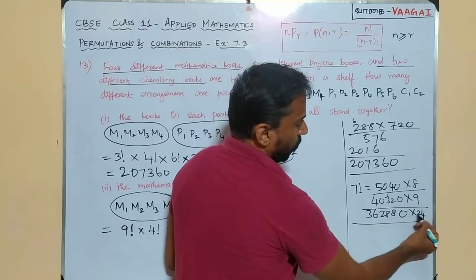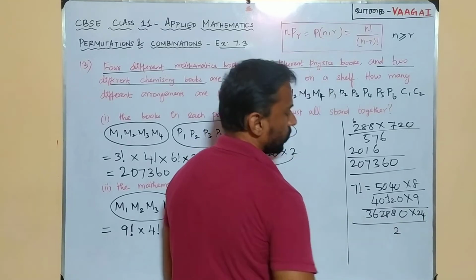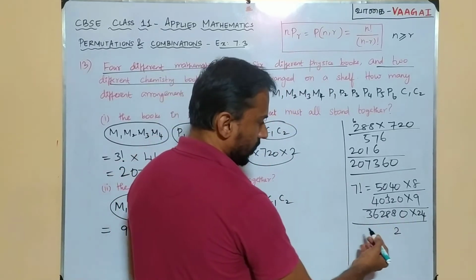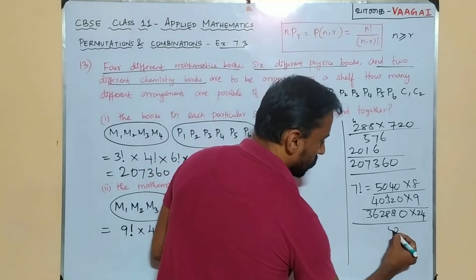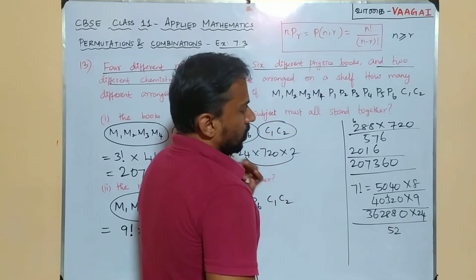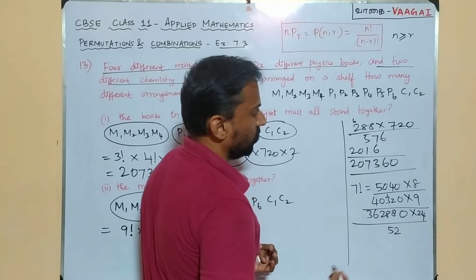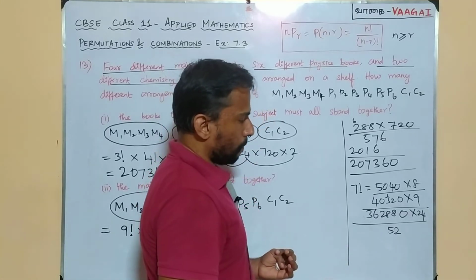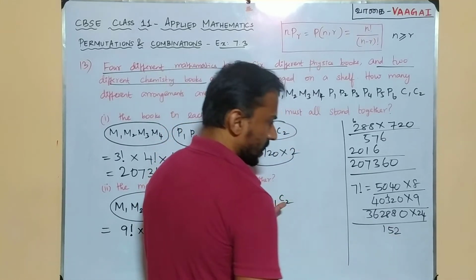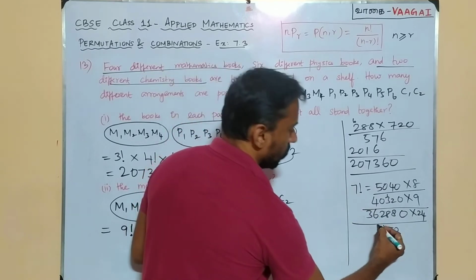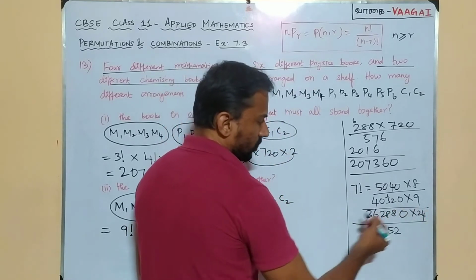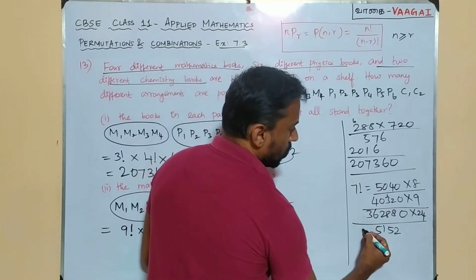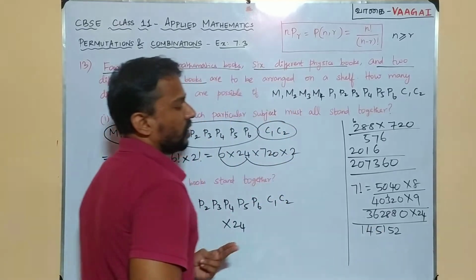We'll be having 4 8s are 32, so 3 carry, again 4 8s are 32 plus 3 will be 35, 3 carry, again 4 2s are 8, 8 plus 3 will be 11, 1 carry, 4 6s are 24 plus 1, 25, 2 carry, 4 3s are 12 plus 2 is 14, 1 4 5 1 5 2.